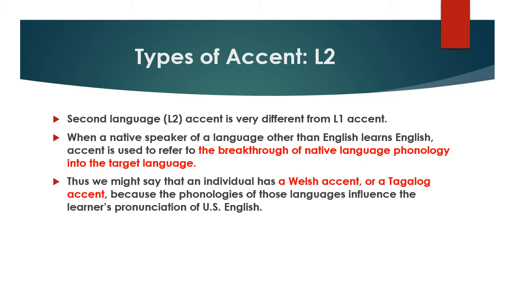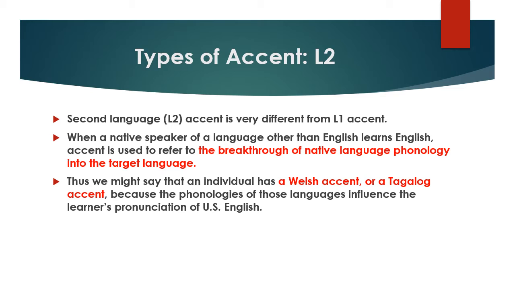So let's make it a bit more simple. A person who speaks Tagalog, for example, and learns English, in their learning, that person will show the impacts of the phonology, the sound systems, of the native Tagalog language.